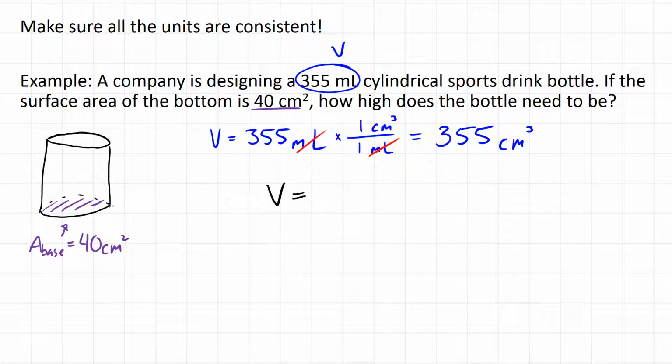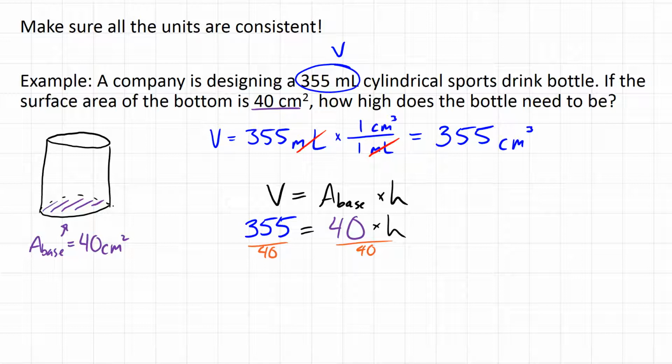So the volume of a cylinder is the area of the base times the height. And look, I know both of those things and not the height. So I know the volume is 355 cubic centimeters. That's equal to the area of the base, 40 square centimeters, times the height. So I'm just going to divide that 40 on each side to cancel it out on the right hand side.